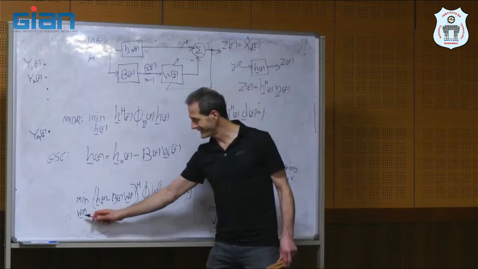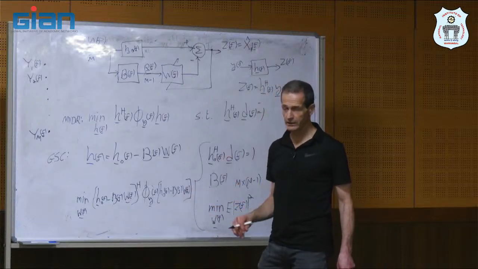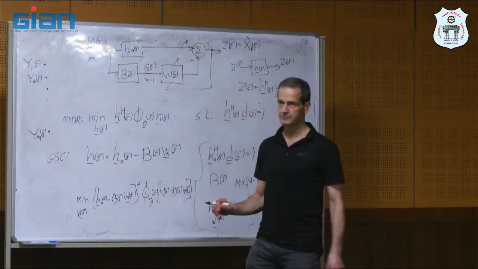Okay, so I can find the solution for this without any constraint. No need for Lagrange multiplier. So I can find W that minimizes this.